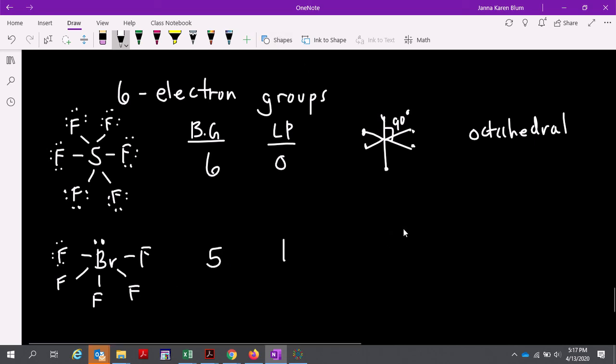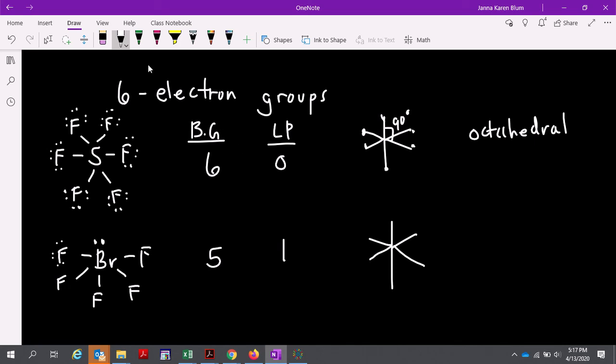And same with the previous geometries, I'm going to go ahead and draw my octahedron. Now remember that all of my angles in the octahedral geometry are 90 degrees. And so it does not matter, unlike the previous example where it mattered if I went in the axial or the equatorial. These are all 90 degrees.